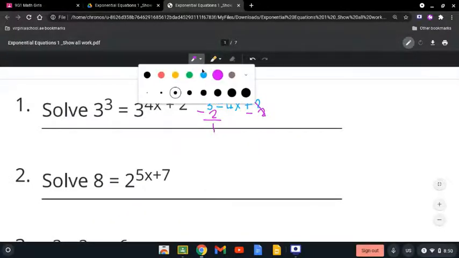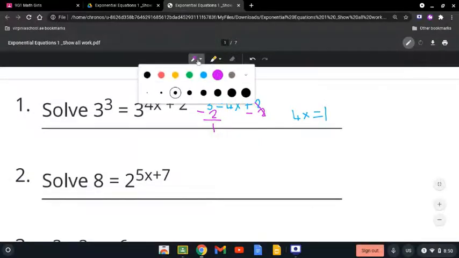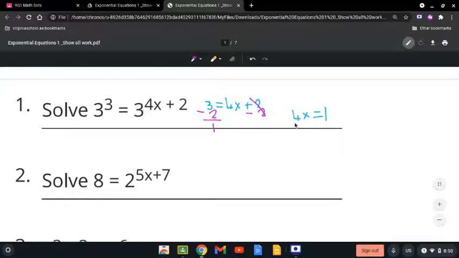Now we're going to write 4x equals 1. We're still not done yet. We want to divide both sides by 4.